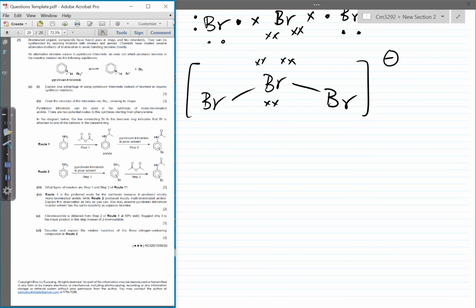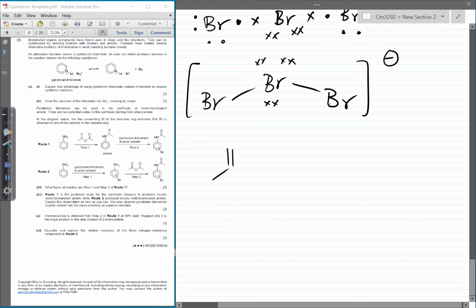And then for part 3, what type of reactions are step 1 and 2 of route 1? Step 1 is a condensation reaction, you are removing small amounts of ethanoic acid, or you can say that it's a nucleophilic acyl substitution, whereby the ethanoate is being substituted away.